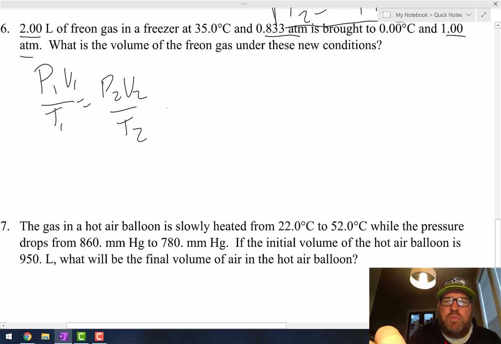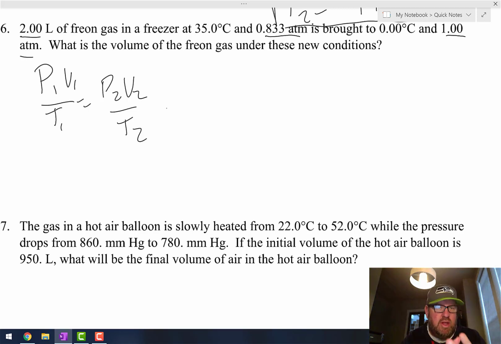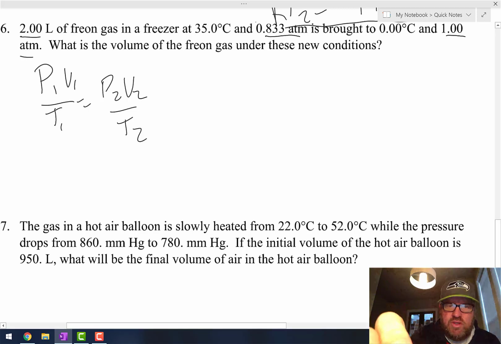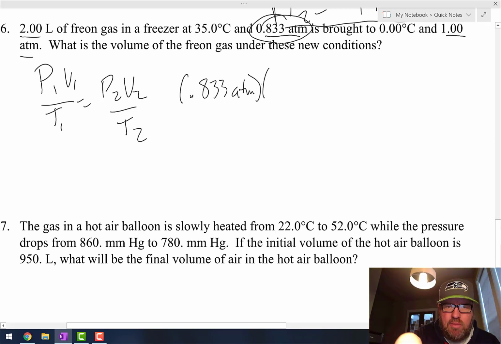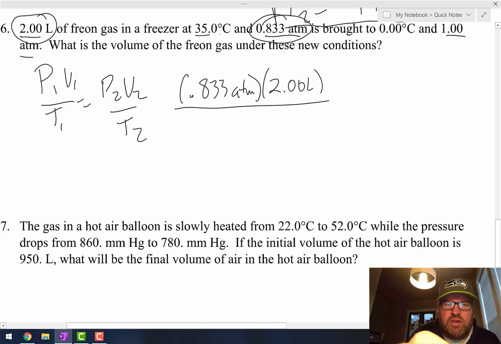Okay, so our initial pressure, again, when you think about pressure, it's got to be atmospheres, millimeters of mercury, or torr. So here's our atmospheres right here. So we're going to go 0.833 ATM times our initial volume, 2.00 liters, over our initial temperature, 273 plus 35 is 308 Kelvin.